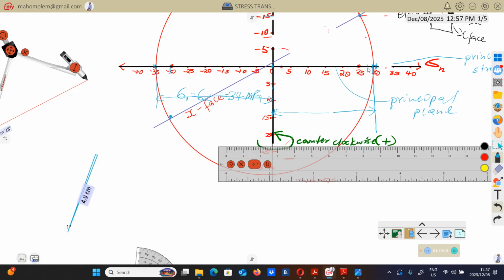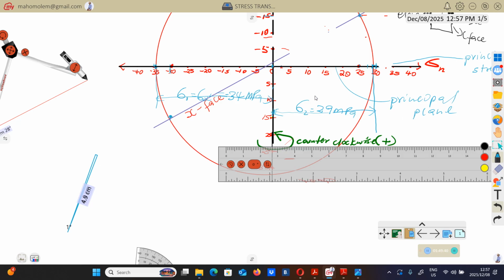This is 27.5, 29. Yeah, so this is 29 MPa. This is stress 2. That's what we get graphically.